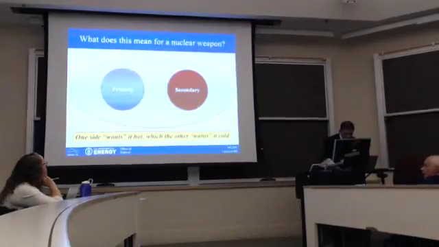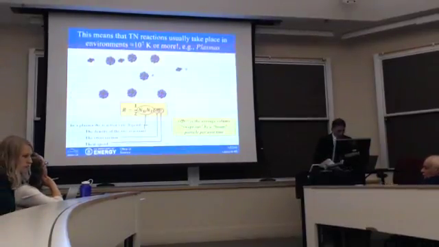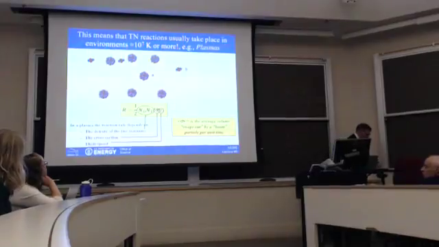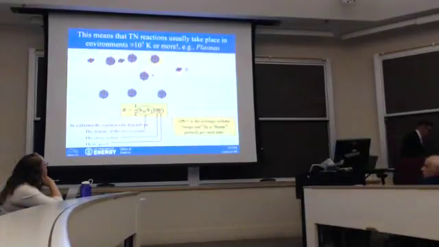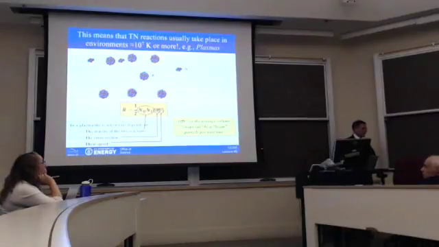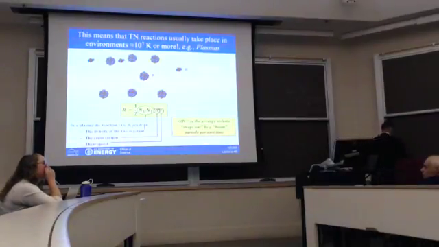Okay, on this slide, if you translate these energies on the order of tens of kilovolts into degrees Kelvin, it actually turns out to be a very large number. I'm trying to remember the number.